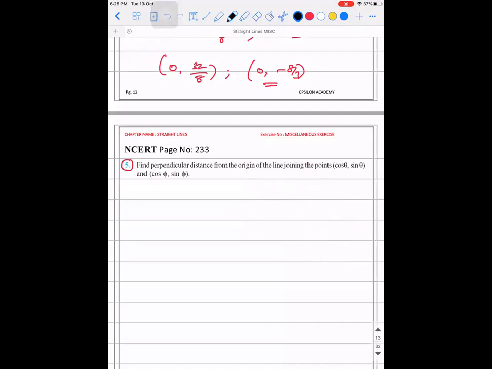Listen. So the next question is, find the perpendicular distance from the origin of the line joining the points cos theta, sin theta and cos phi, sin phi.